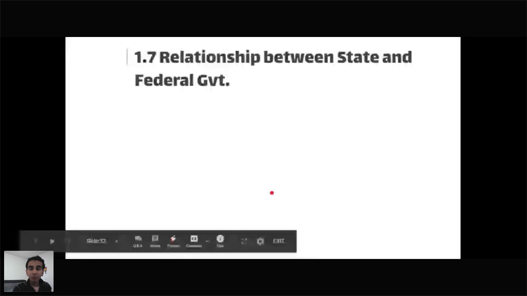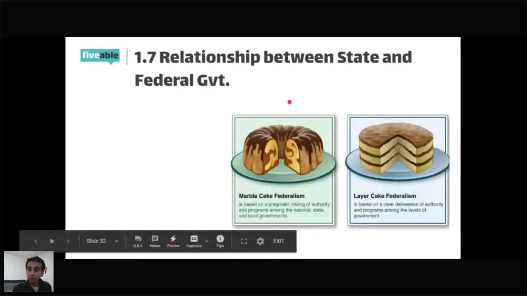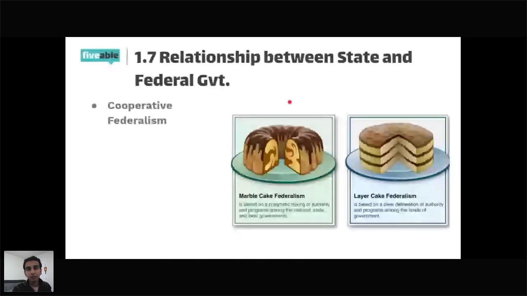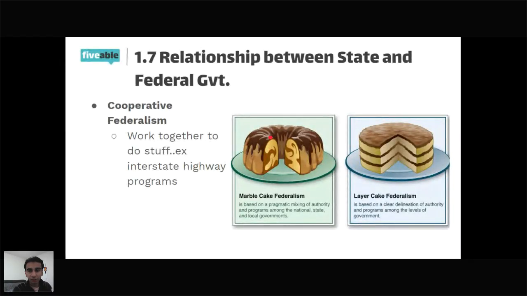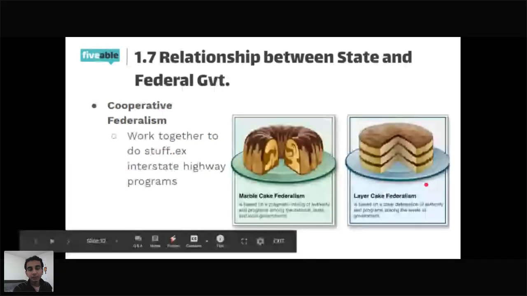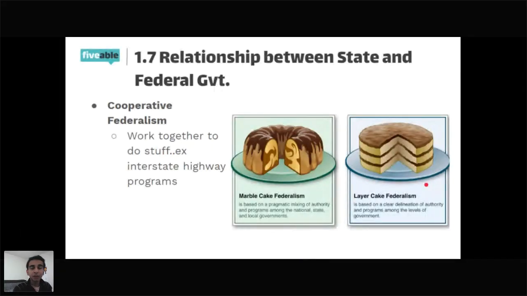Okay. The next type is marble cake federalism. In a marble cake, it's all mixed together, right? You can't see clear levels of distinction like you can with the layer cake. It's basically when the federal government and the state government work together to do stuff. The formal name for this is cooperative federalism, and examples could include interstate highway programs.